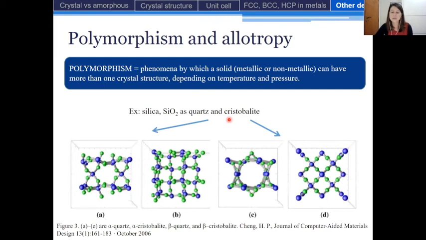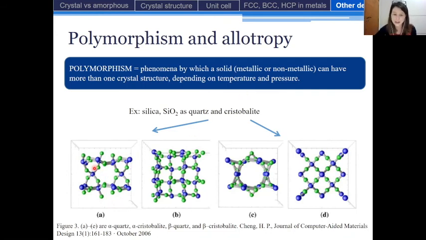Finally, to finalize this class, we are going to talk about polymorphism and allotropy. So what is polymorphism? It is a phenomenon by which a solid, which can be metallic or non-metallic, can have more than one crystal structure depending on temperature and pressure. In the case of silica, we have already presented that silica can be crystalline or amorphous, but in fact, it can crystallize in different crystalline structures.